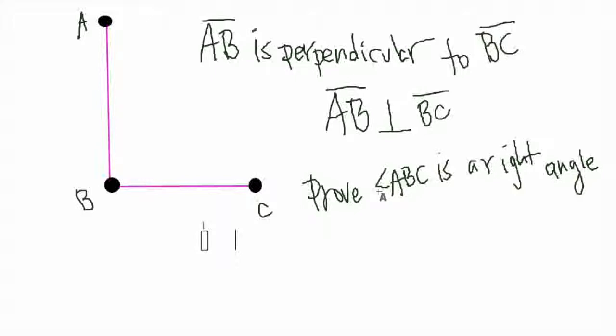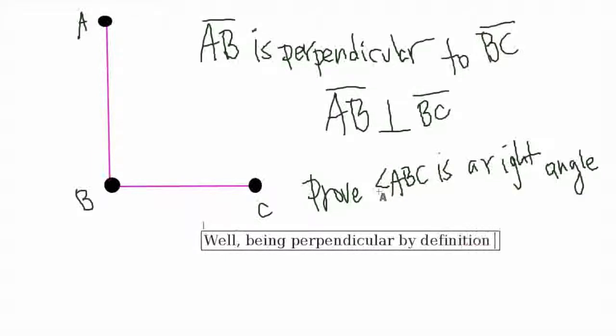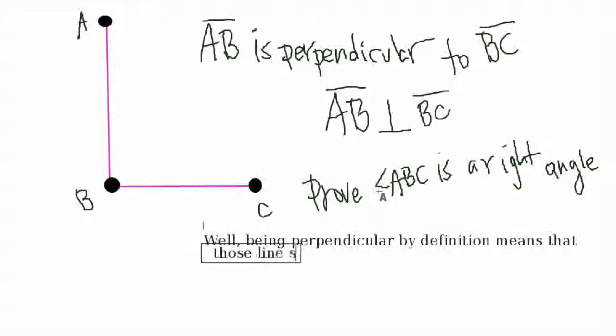So you could say something like, being perpendicular by definition means that those line segments form right angles. So in other words, we know that they form right angles because that's the definition of what it means for two line segments to be perpendicular.